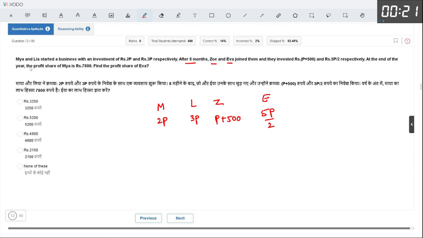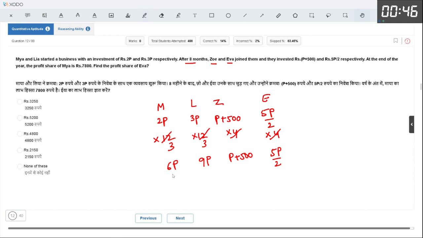At the end of the year means they are 12 months. After 8 months means the remaining months are 4. So this cancels, 3 is also 3. That means 6p, 9p, p plus 500 and 5p by 2. Same, right?